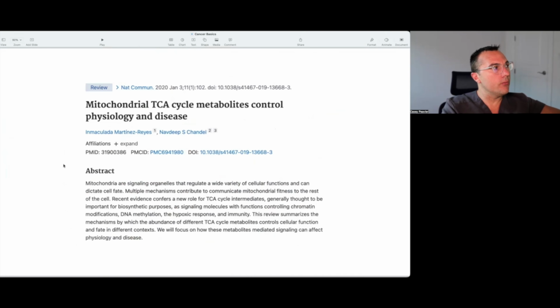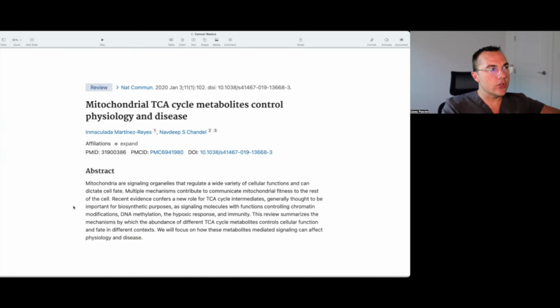So I'm going to now pull up this paper that was published in January of 2020, titled Mitochondrial TCA Cycle Metabolites Control Physiology and Disease. It says here, mitochondria are signaling organelles that regulate a wide variety of cellular functions and can dictate cell fate. Multiple mechanisms contribute to communicate mitochondrial fitness to the rest of the cell.